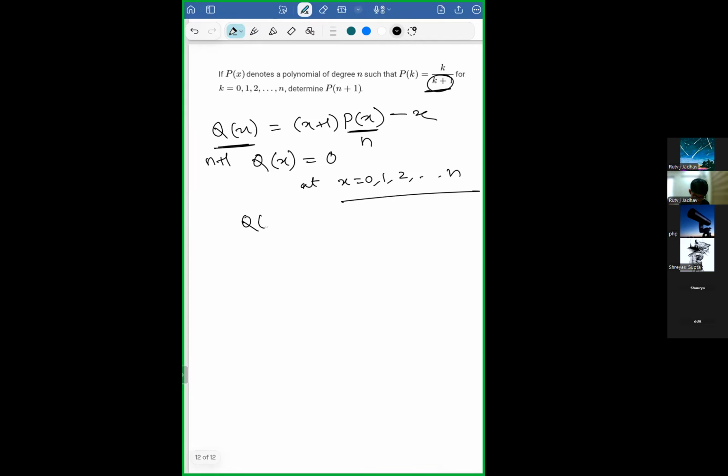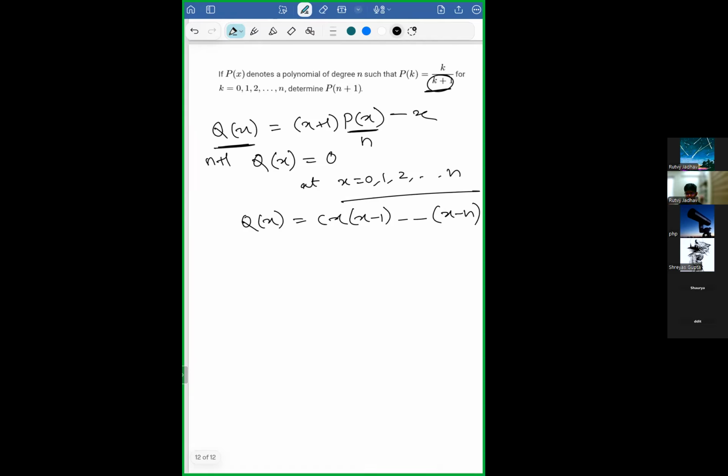So Q of x is just c times x times (x minus 1) dot dot dot till (x minus n). Yes. Oh, how did you conclude this?